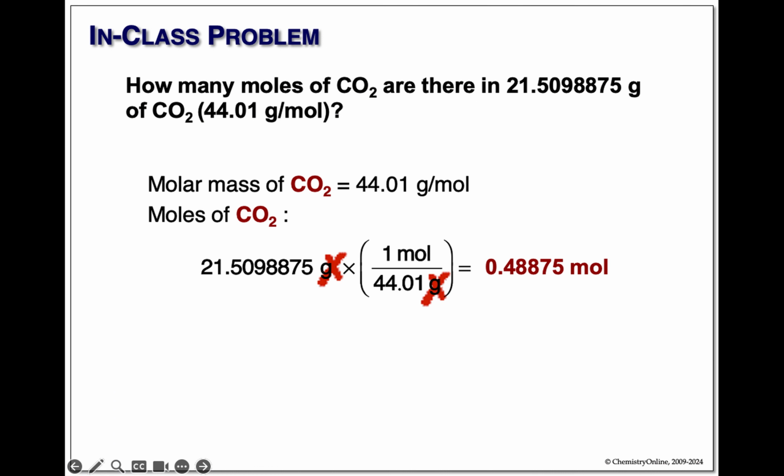Now, this has a dozen significant figures, but our molar mass only has 4. So we have to round this. Does this go to 0.4888 or 0.4887? It ends in exactly 5.